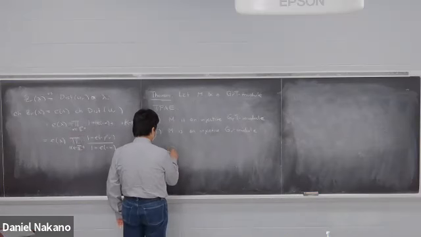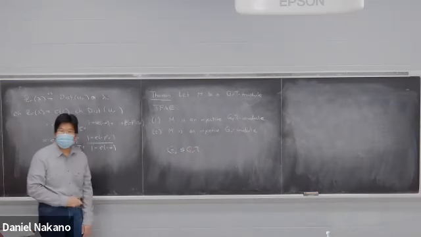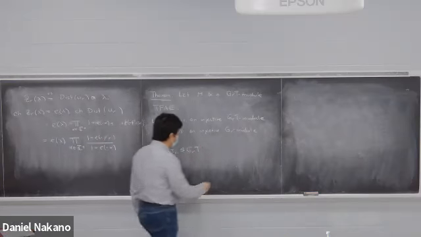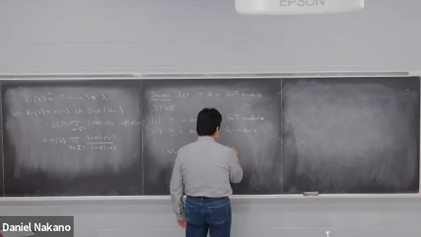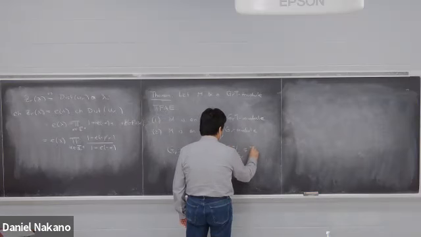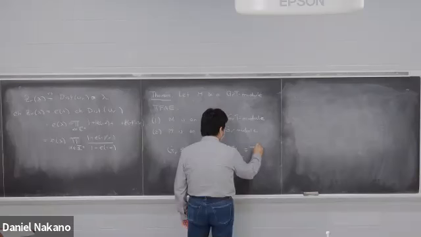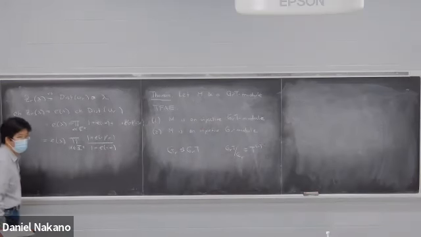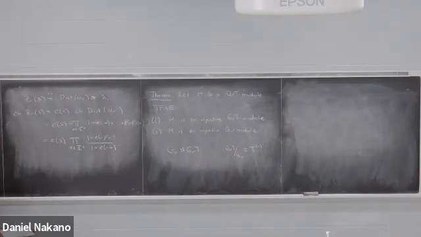So you have G_r normal inside of G_rT, and the quotient is basically a copy of T, but twisted by Frobenius. In other words, it's just T over T_r.